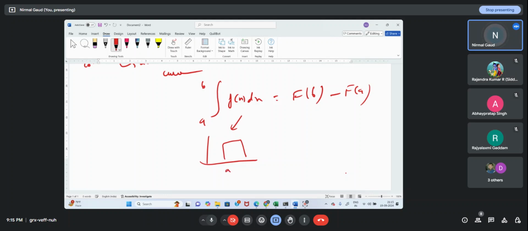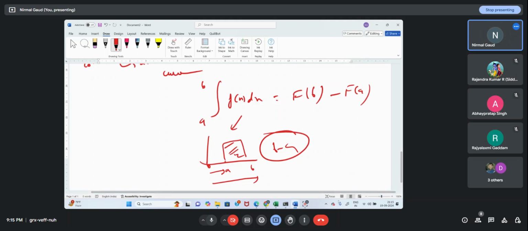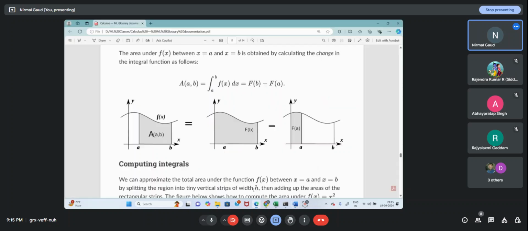Okay, this is a, this is b. So b is from the origin till here, and a is till here. So I require this portion. So obviously b minus a, that is the integration.